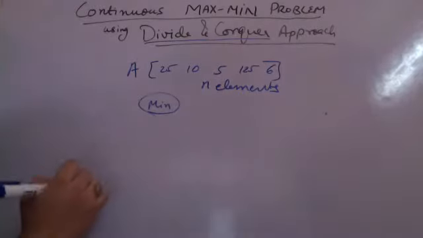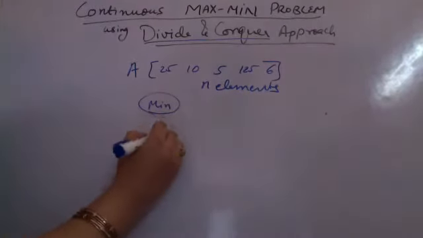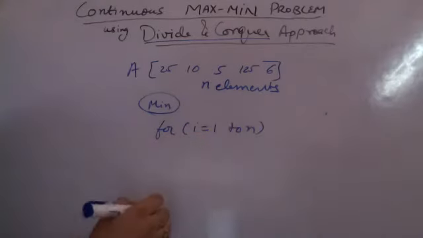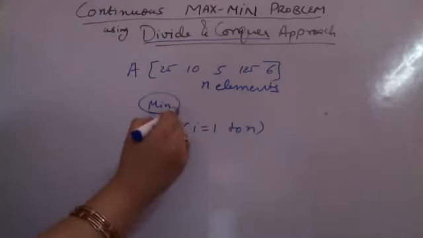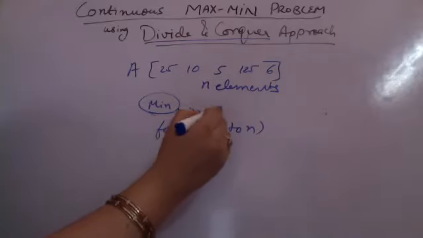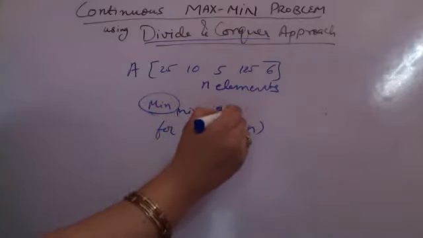Whatever my array is, I will be running a loop from i equal to 1 till n. Initially, minimum is equal to array of 1.